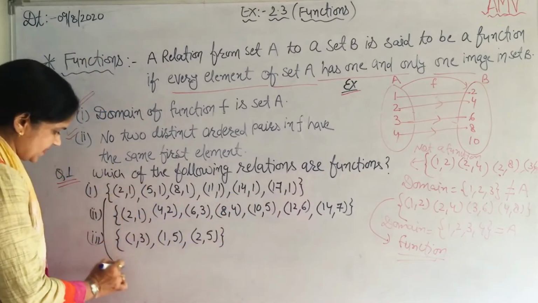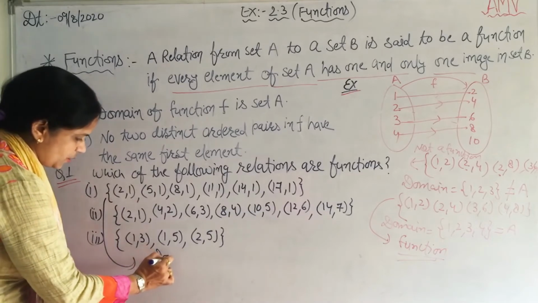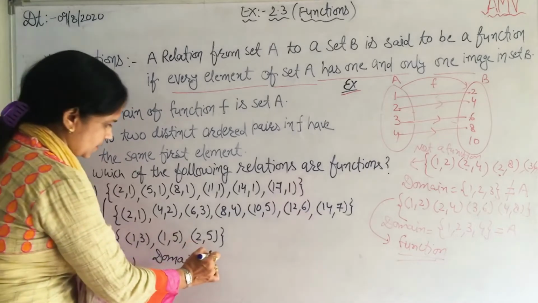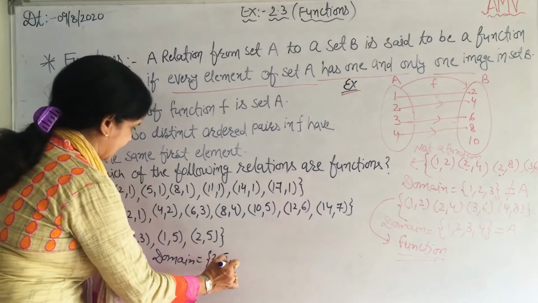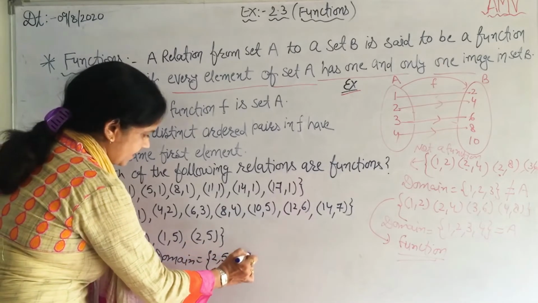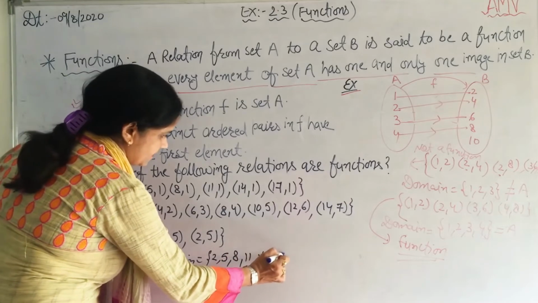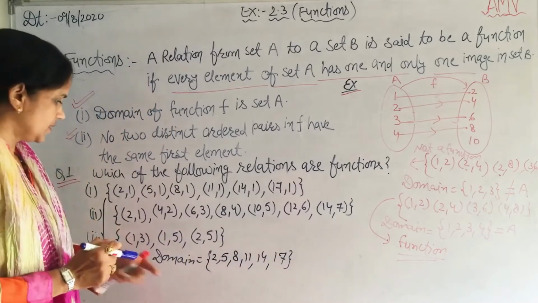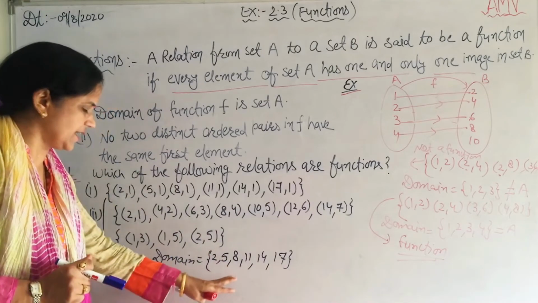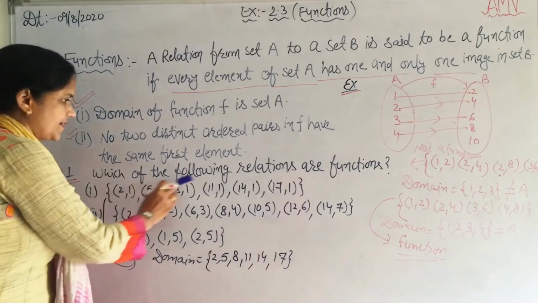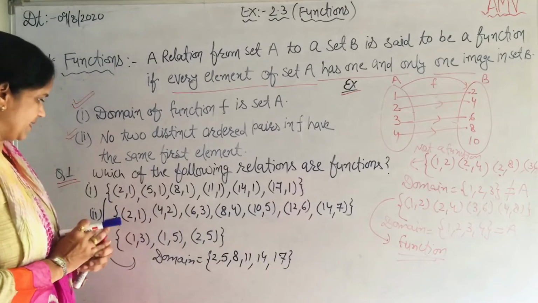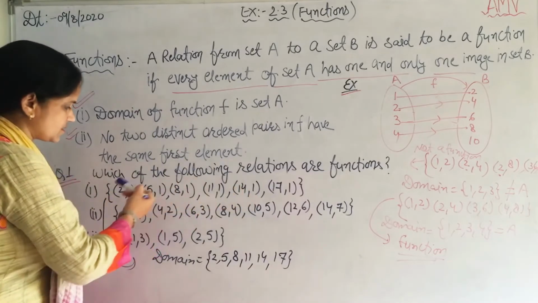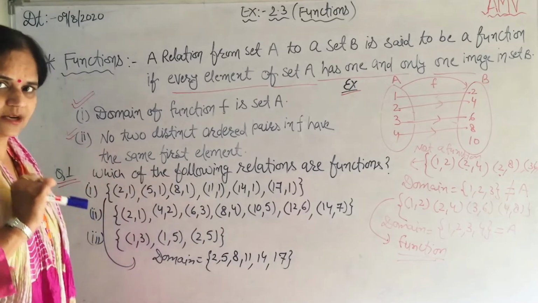So from this relation, find the domain. The domain is 2, 5, 8, 11, 14 and 17. Okay, so all elements are related to some element, and no first element of these ordered pairs is repeated.